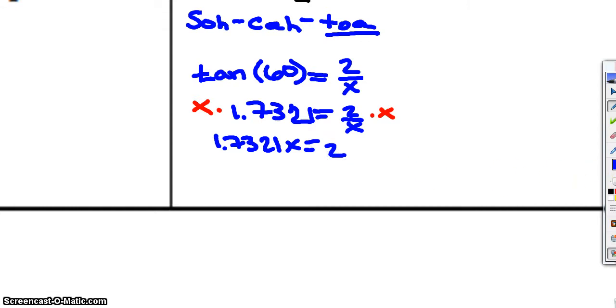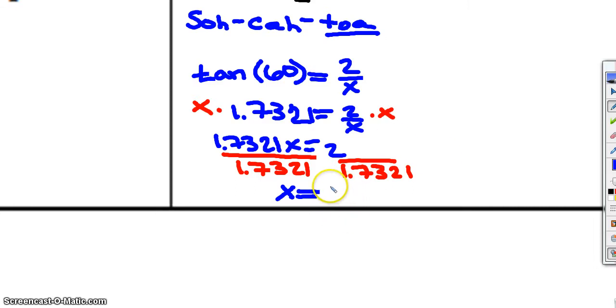And then we want to divide by 1.7321 on both sides. So we end up with x, remember x is our apothem, 2 divided by 1.7321, and we get 1.15.